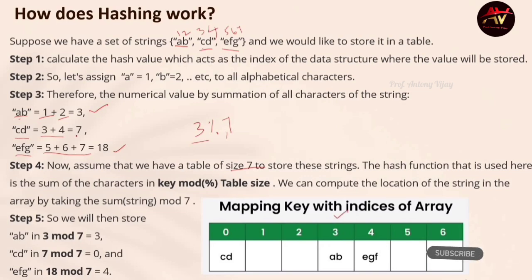CD is 7, and 7 modulo 7 is 0, so CD is stored in index 0. EFG is 18, and 18 modulo 7 has remainder 4, so it is stored there. This is the general process of storing data into the hash table.